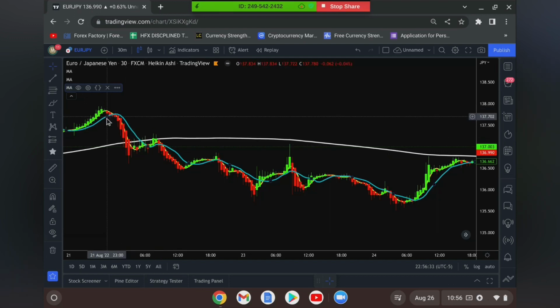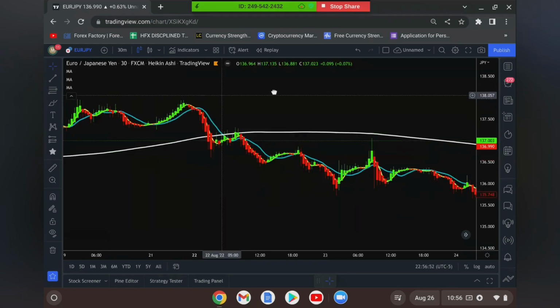So this is what's going to let us know when we should be entering and when we should be exiting our trades. So it's just this simple, you guys.